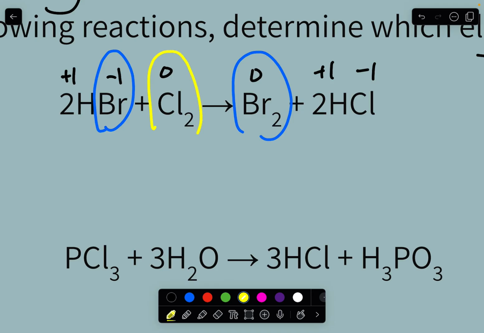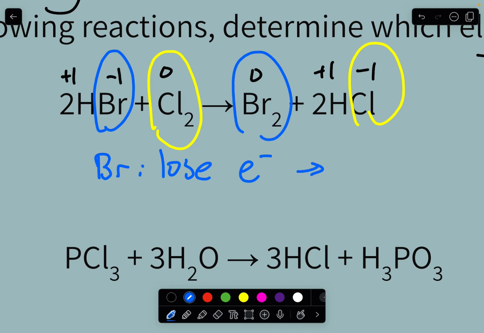Our Cl goes from 0 to -1. So our bromine, if it's becoming more positive, it's losing electrons. That means it's oxidation. For chlorine, if it's becoming more negative, it's gaining electrons. That means it's reduction.